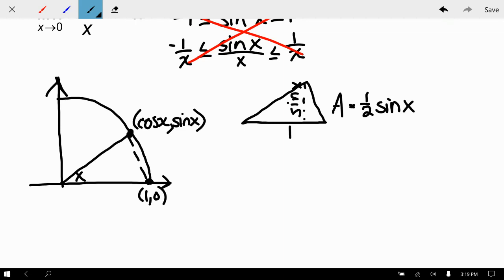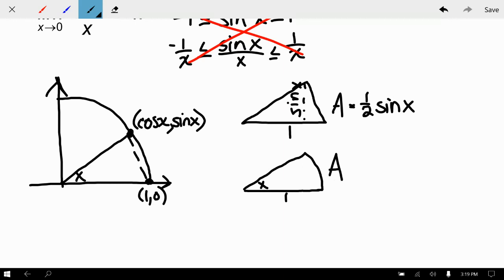Now I'm going to do the same thing with that sector of the circle. I've got basically the same kind of setup here, except this time I'm using the actual sector of the circle. Remember, for the area of a sector of a circle, I know that the radius here is 1. All I'm doing is taking the percentage of the circle times the area of the circle.